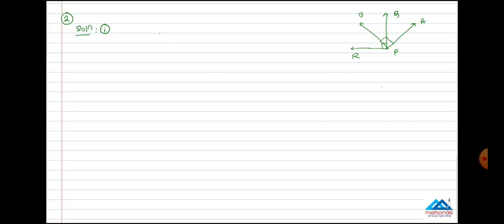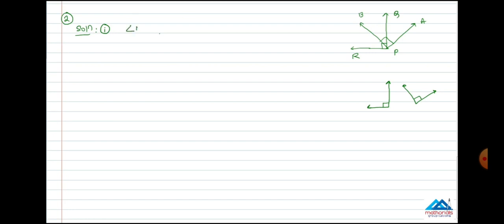First sub question, a pair of complementary angles. In this figure we have two 90 degree angles, this and this. Observe the figure carefully. We have two 90 degree angles, RPQ and PBA. Complementary means the sum of the two angles equals 90 degrees.